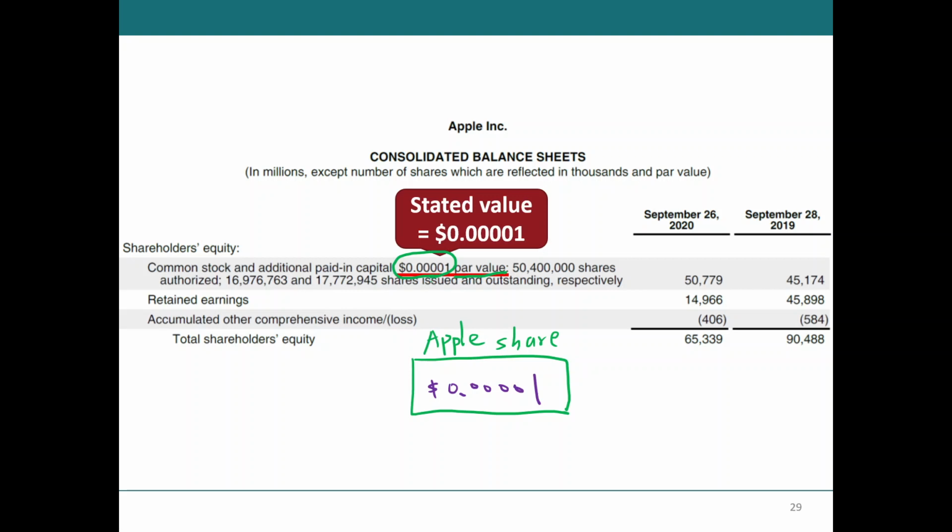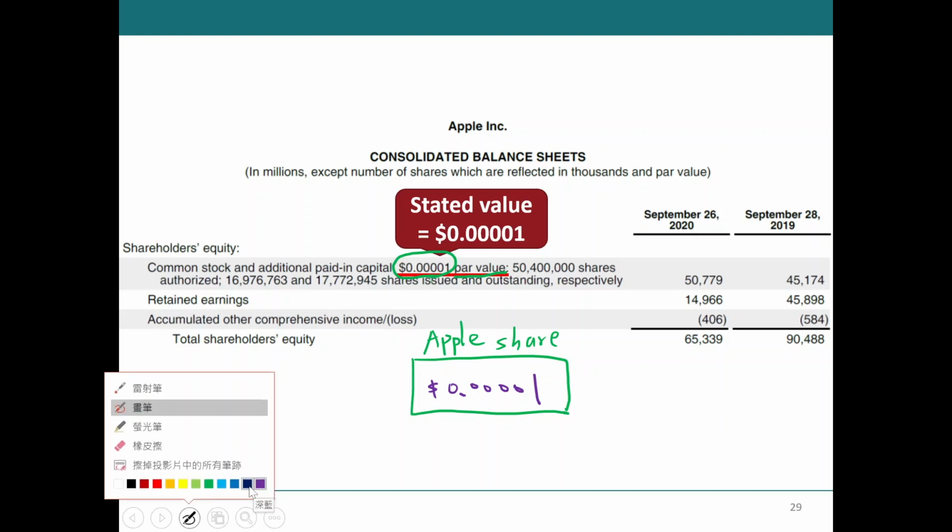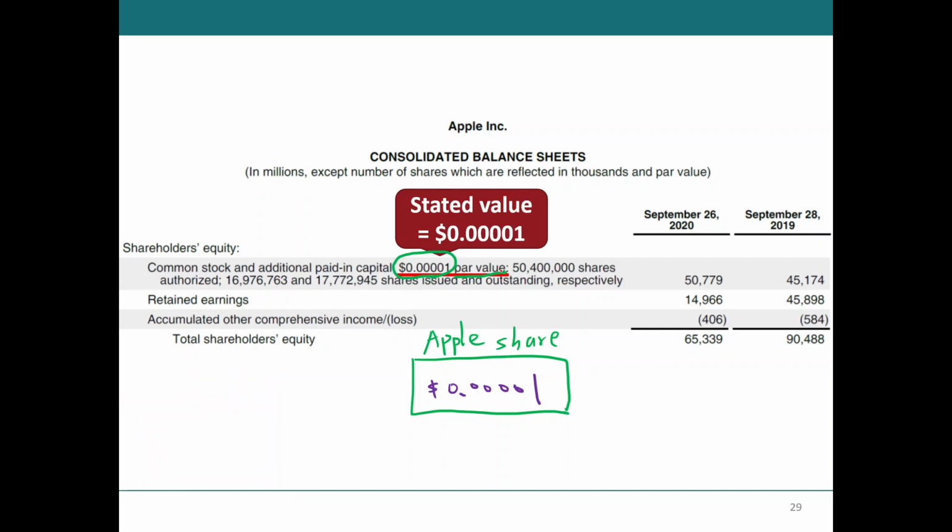Here it tells you. Each company will tell you this kind of information: authorized shares, how many? Issued shares, how many? Next hour, we will explain outstanding, what does it mean. Any questions? No problem?